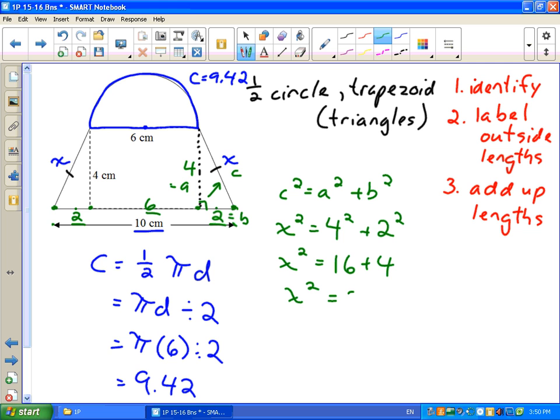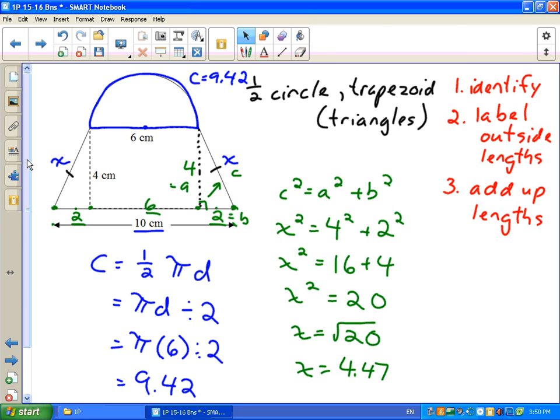X squared, 16 plus 4 is 20. So X is going to be the square root of 20. Punching this into our calculator, 4.47. So I can label this as well. X equals 4.47. Same thing over here, 4.47.